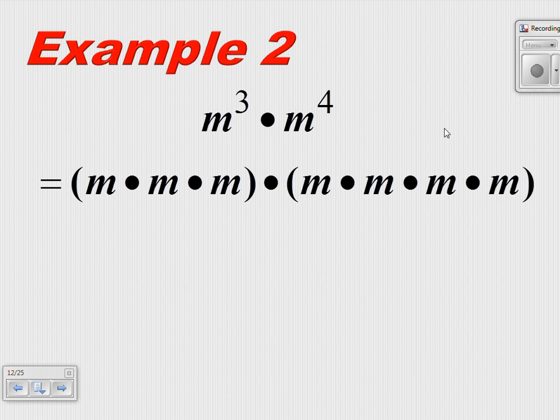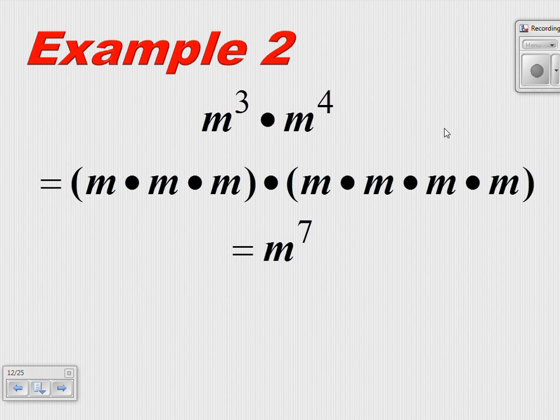How many m's am I really multiplying? 7. So it simplifies to m to the 7th. What's the easy way? All you really have to do is add the exponents. 3 plus 4 in the exponents gives m to the 7th.